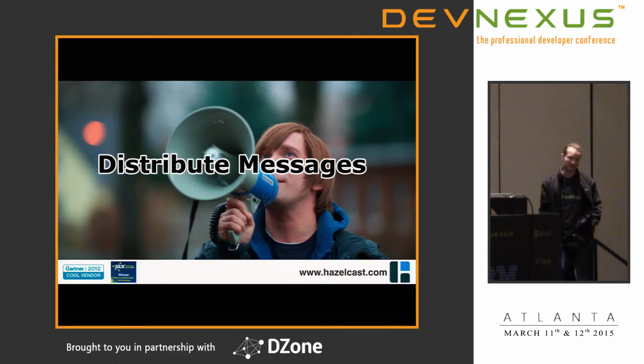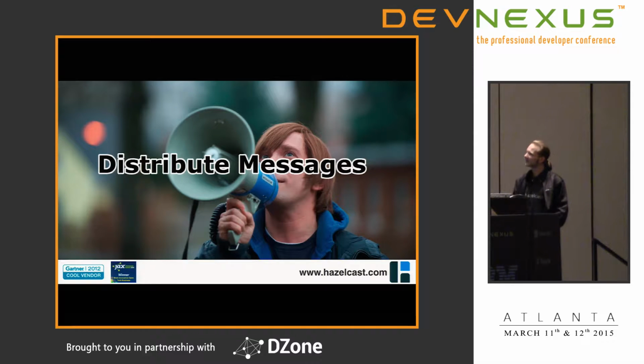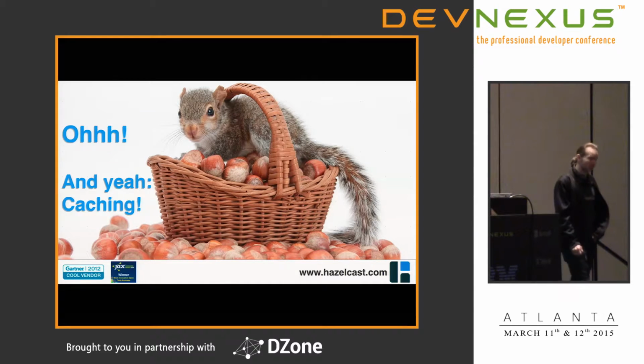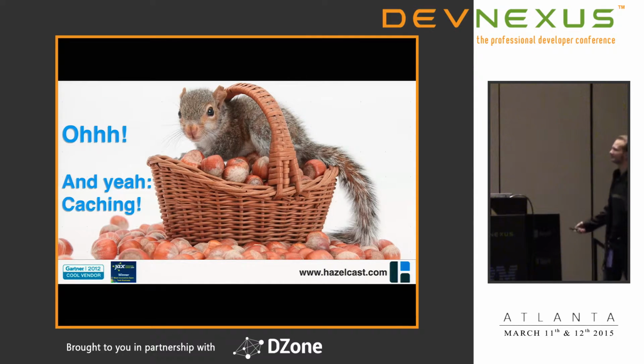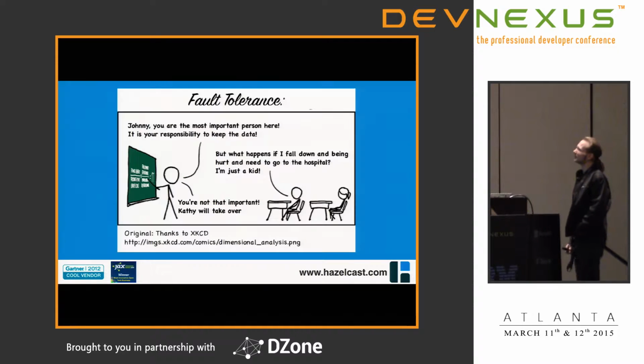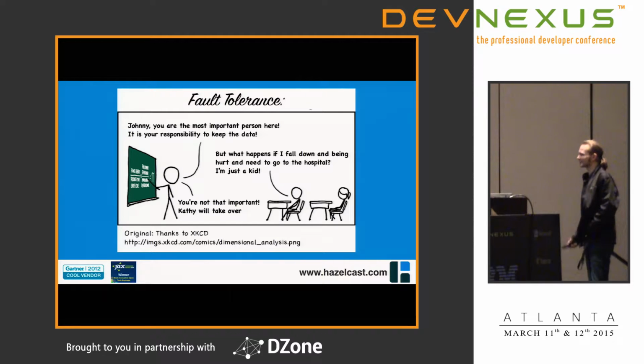It's low latency, and obviously, as I said, it's not JMS. Oh yeah, and for sure we do caching. Fault tolerance by default, and I guess that is actually the last slide about Hazelcast.